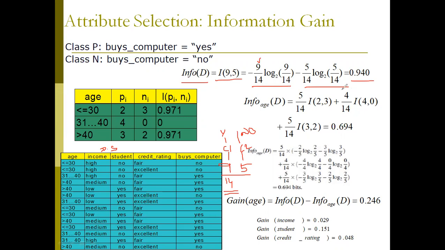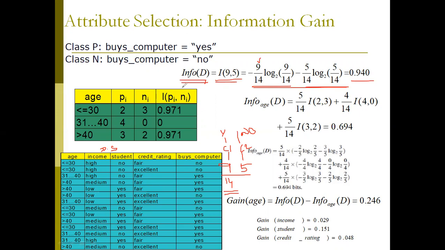0.940. Okay, this is the value substituted within the information gain of D. So this substitution you may represent with I of 9 comma 5. Clear? This is the calculation of entropy, or probability of total data set.